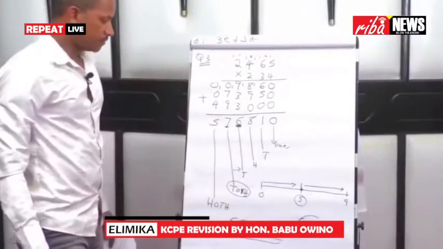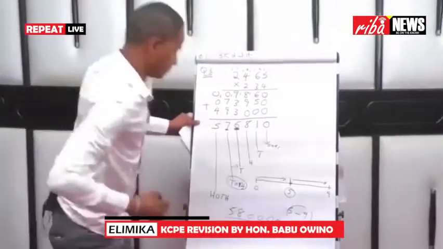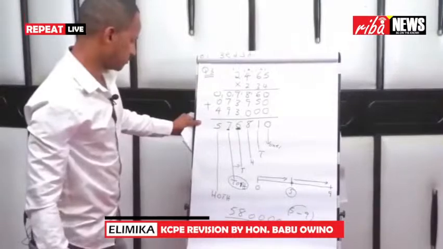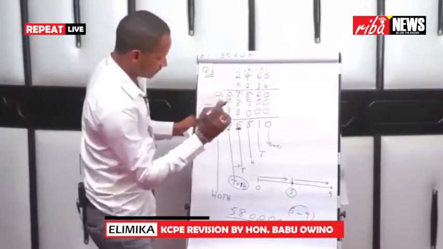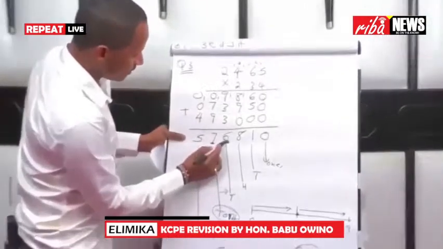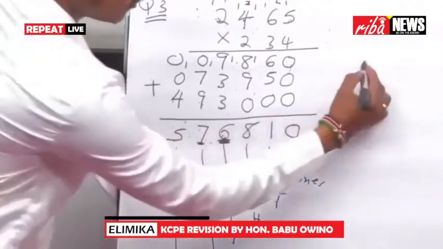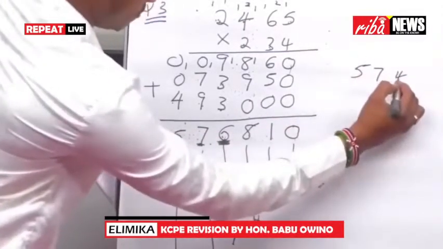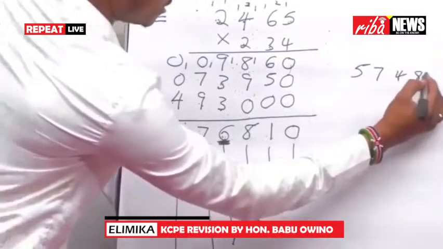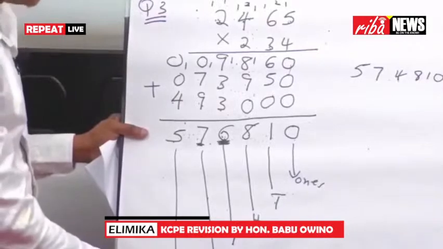Okay? The 4 we replace with 0. Now, this is our answer. Suppose this number, class, is 4. We finished this. Now, suppose this number is 4. So we will have 57. Then suppose this number is 4, and you are told to round off to the nearest tens of thousands.